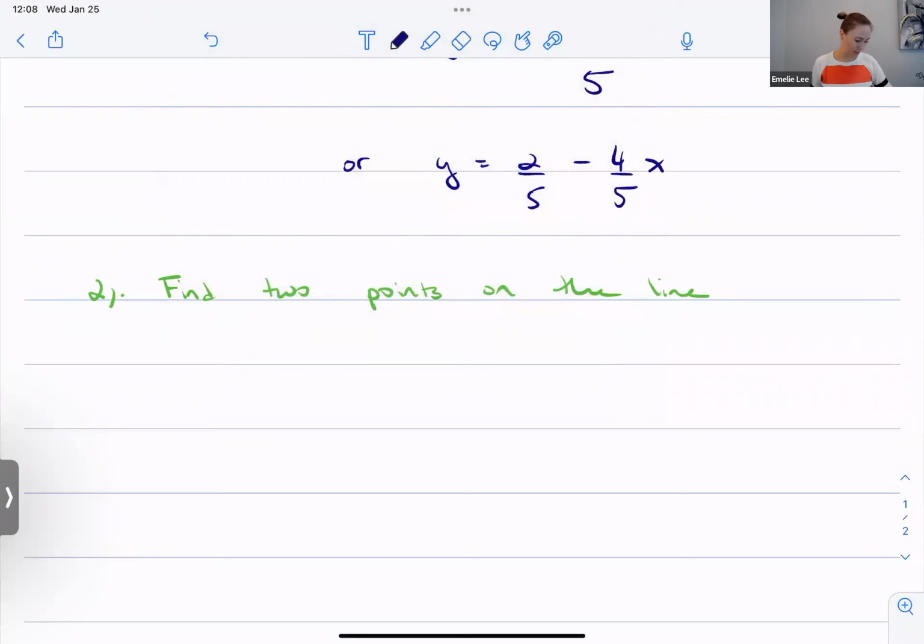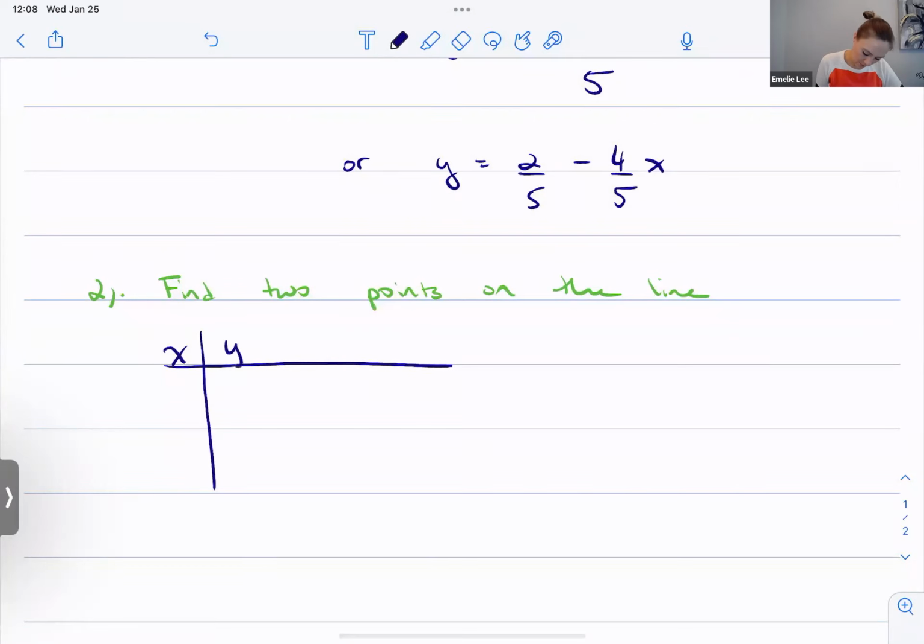How I set it up is I like to have an x category, okay, and then I have y equals 2 over 5 minus 4 over 5x. So then I'm going to solve for the value of y at that point of x.